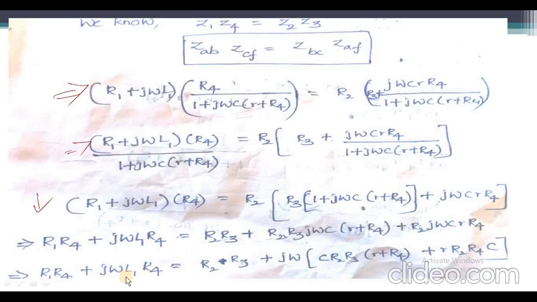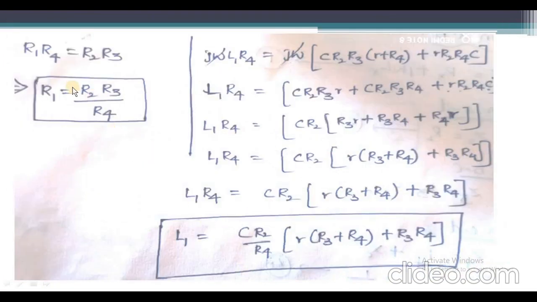After that, the same procedure: compare the real parts and imaginary parts. The terms that don't contain J, R1, R4, R2, R3, are the real parts. If you compare them, we can get the R1 value.